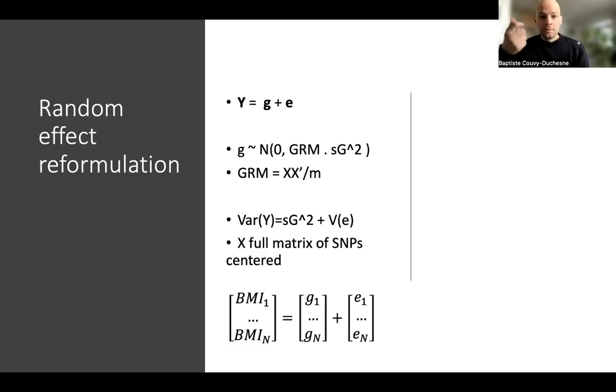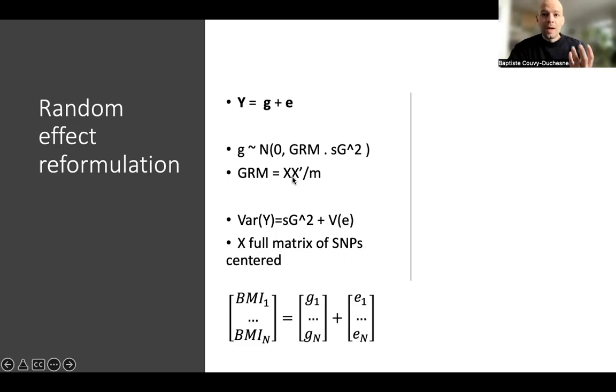It's a single value which corresponds to the genetic value for this trait y for this individual. But G is still a random effect, normally distributed, centered on 0, but its variance-covariance structure is more complex, as defined by this matrix GRM here.